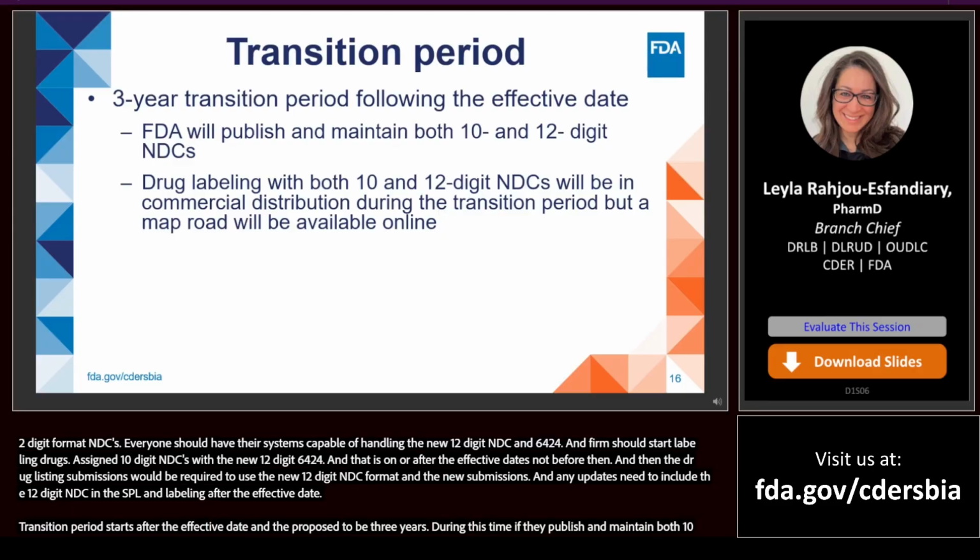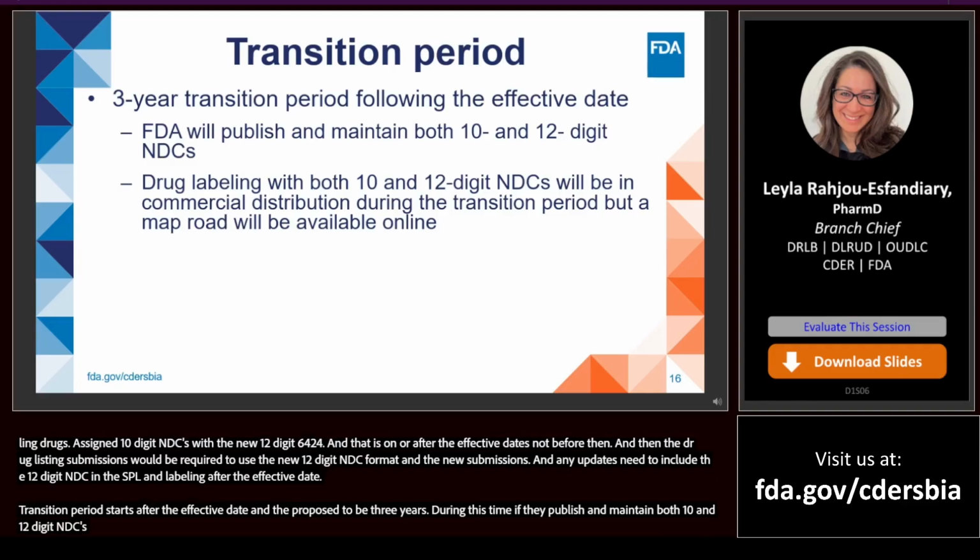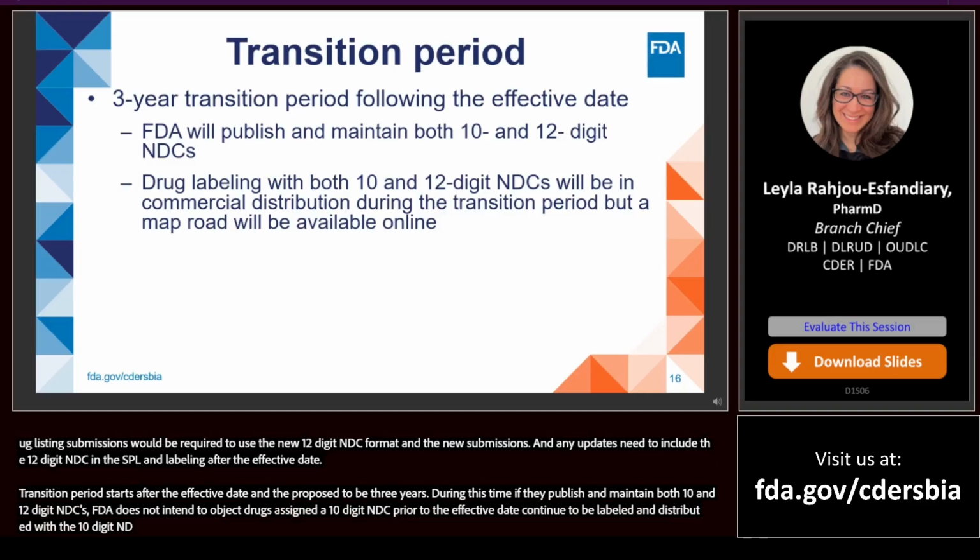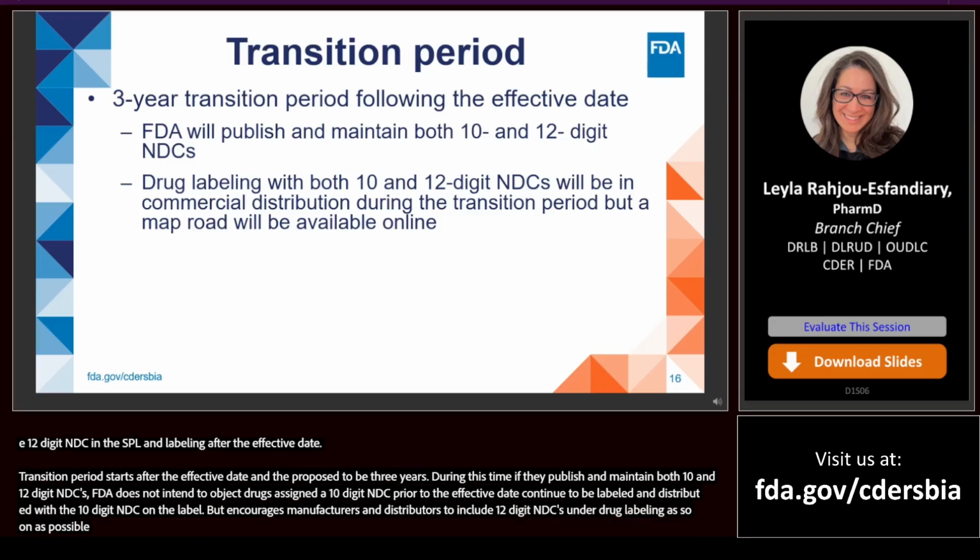FDA does not intend to object if drugs that were assigned a 10-digit NDC prior to the effective date continue to be labeled and distributed with the 10-digit NDC on the label, but encourages manufacturers and distributors to include 12-digit NDCs on their drug labeling as soon as possible after the effective date, but not later than when the firm runs out of its existing labeling inventory for the drug and orders or begins printing new labeling.